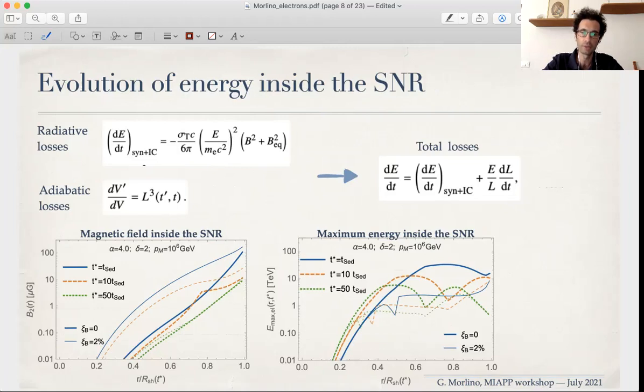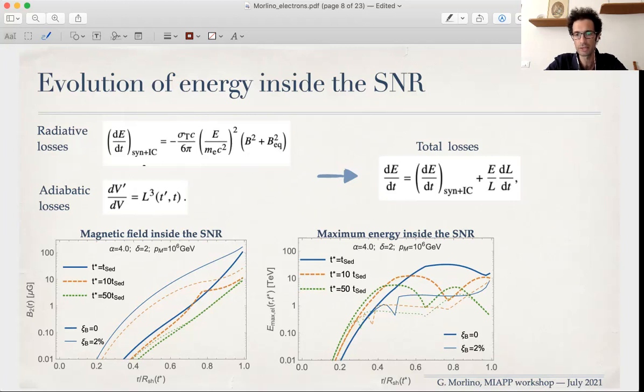In those two plots, on the left side, you see the evolution of magnetic field inside the remnant for some fixed time. So t equal the Sedov time, 10 times this time and 50 times this time. And on the right side, instead, you see the maximum energy of electrons inside the remnant.